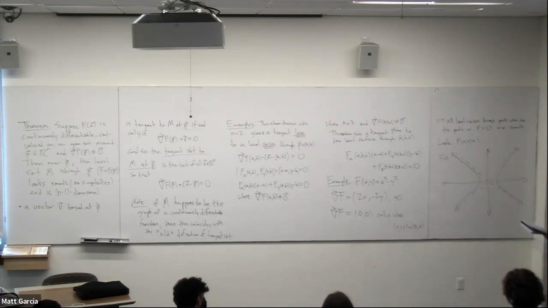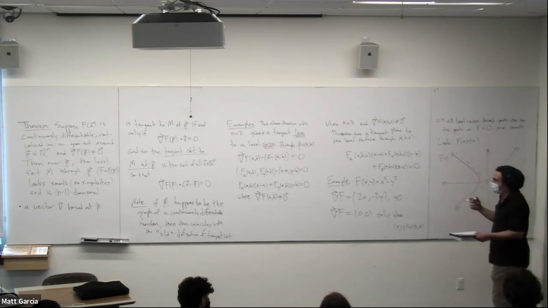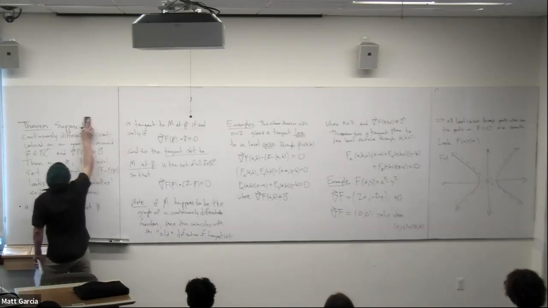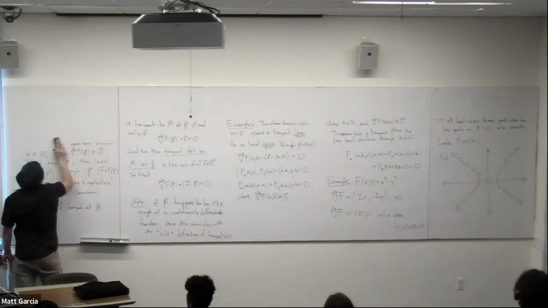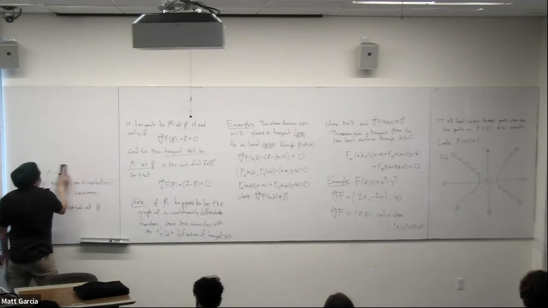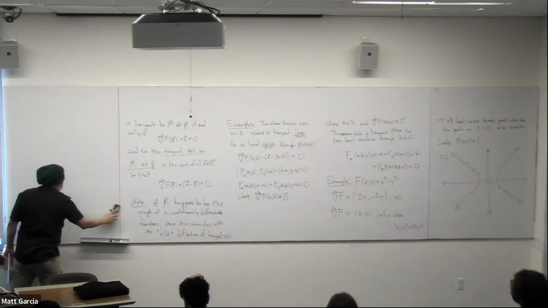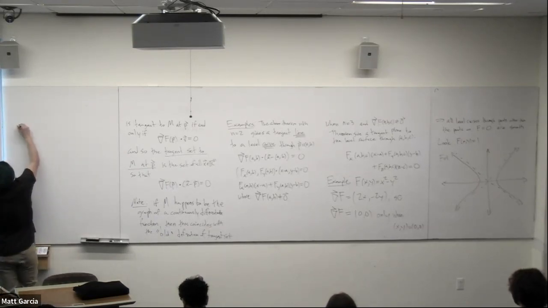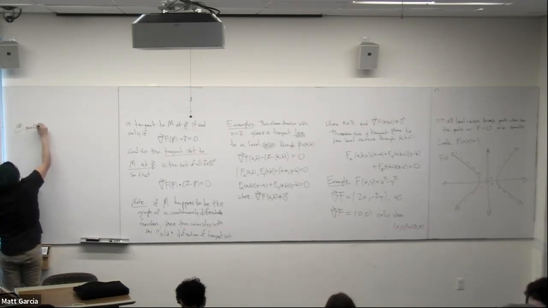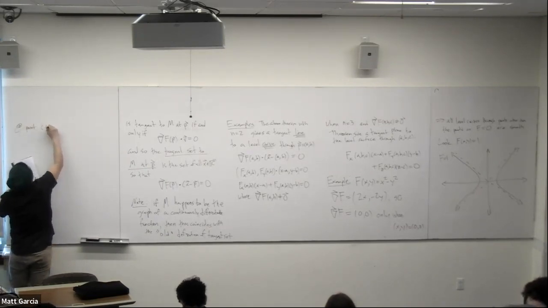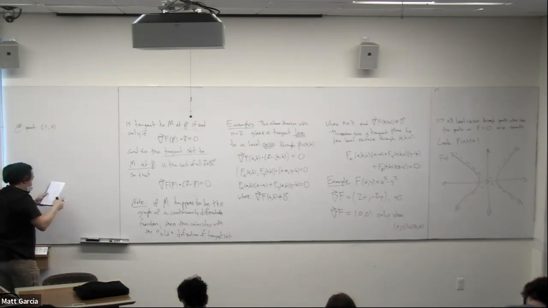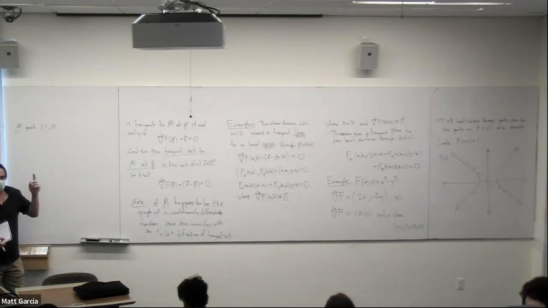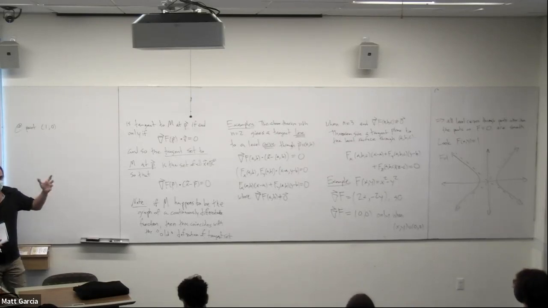And why don't I look at some specific points on this level curve? So at point, why don't we say 1, 0. So why do I pick this point first of all? What's special about this point relative to everything that we've developed so far?